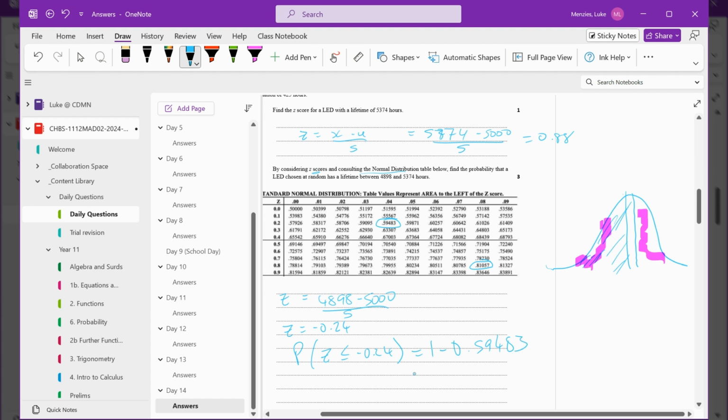Okay, and that should give us a value of 0.40517.